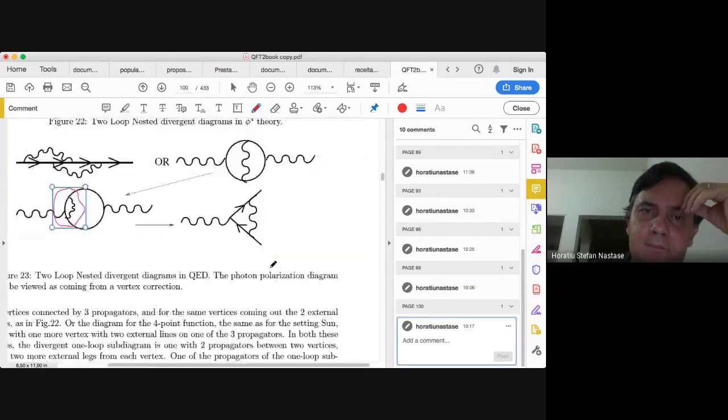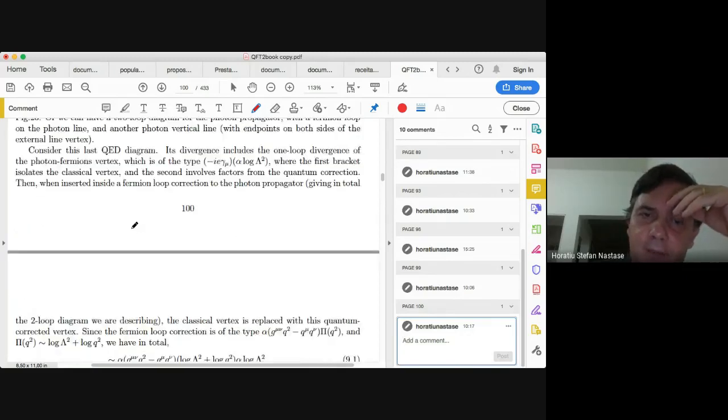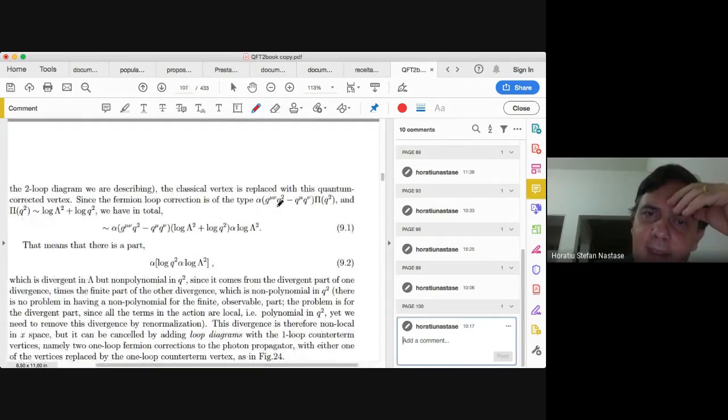On the other hand, we insert this correction inside the fermion one loop correction to the photon propagator. And that, in turn, we've seen is of the type (g mu nu q squared minus q mu q nu) times pi of q squared, right?